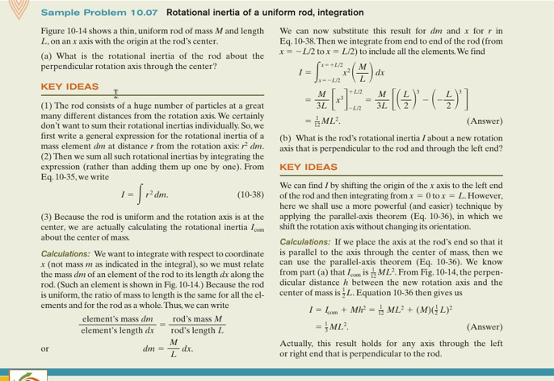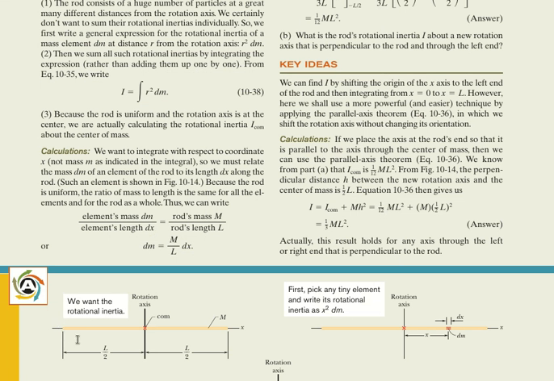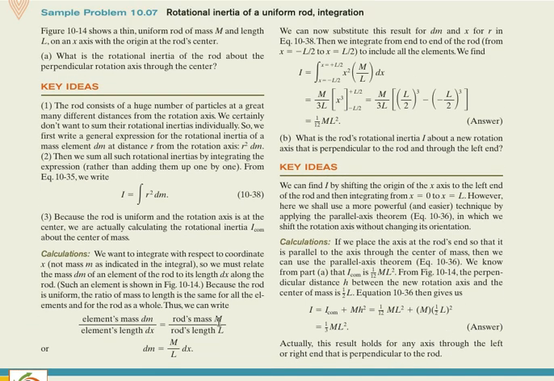Because the rod is uniform, we can say that the linear density of the mass along x is m over l. You can have one differential element in the rod, and the linear density is m over l.